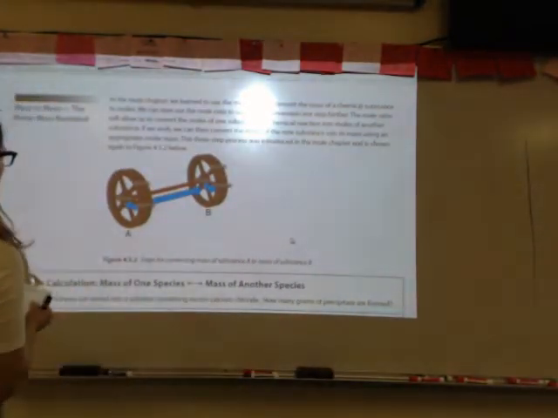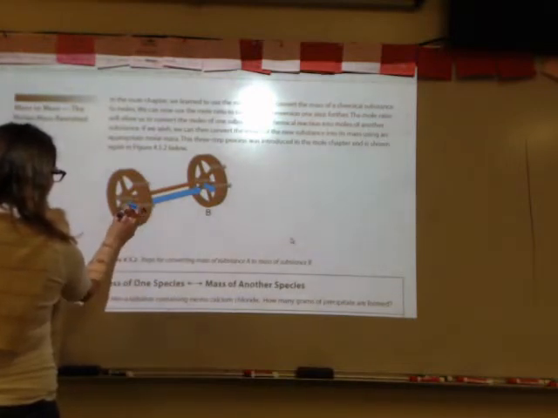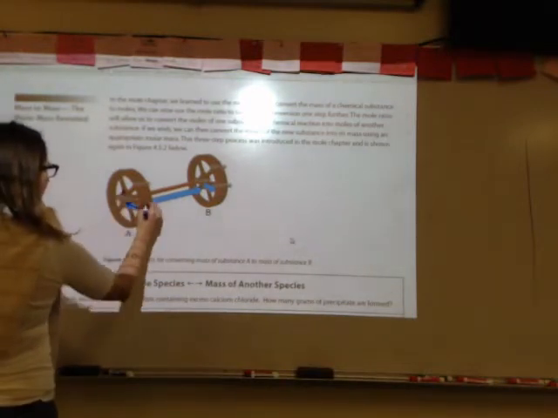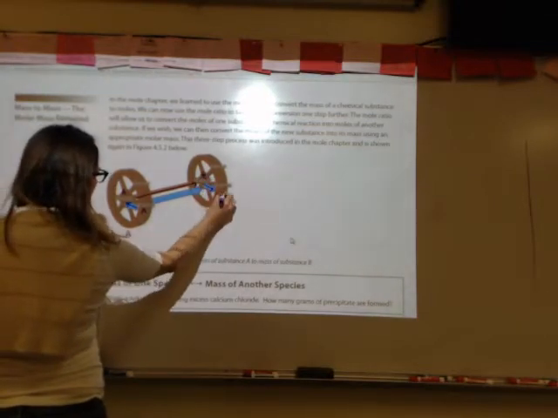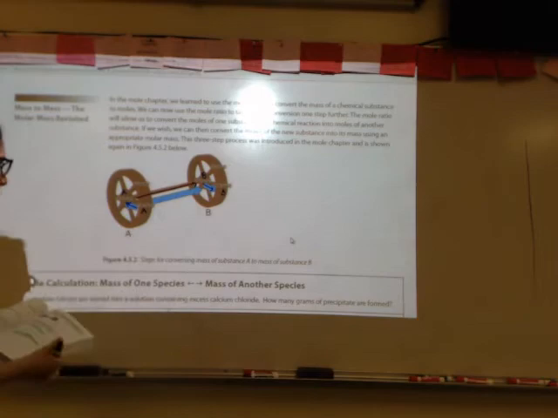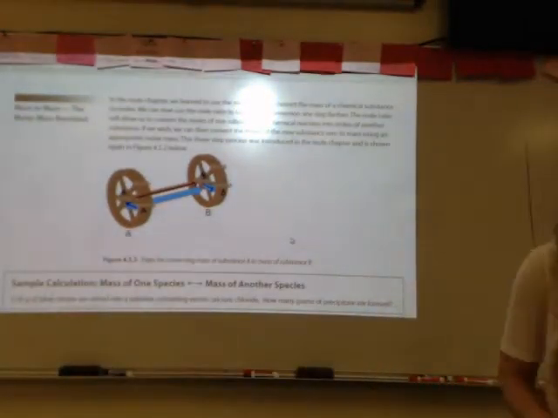So this would be grams of substance A to moles of substance A, then moles of A to moles of B, moles of B to grams of B. Okay, so this is going to be a longer problem.